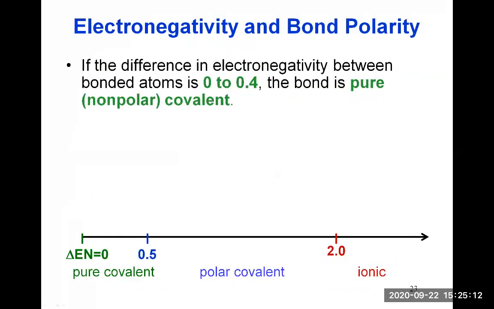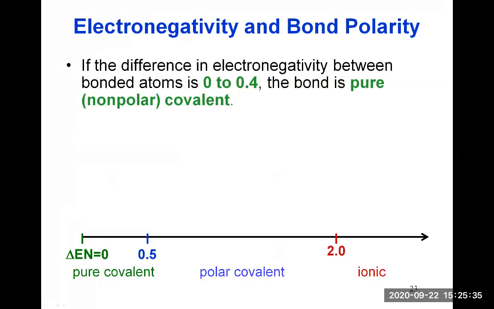So this electronegativity difference allows us to classify bonds into different types of bonds. If the electronegativity difference between the bonded atoms is between 0 and 0.4, the bond will be classified as pure or non-polar covalent.